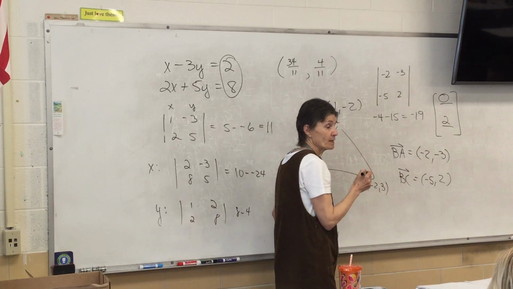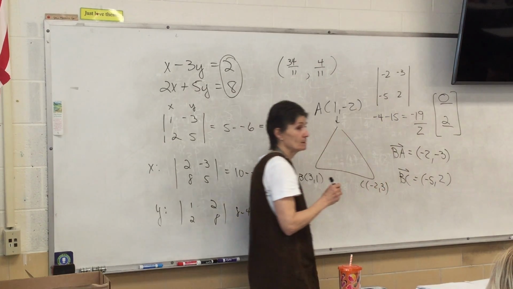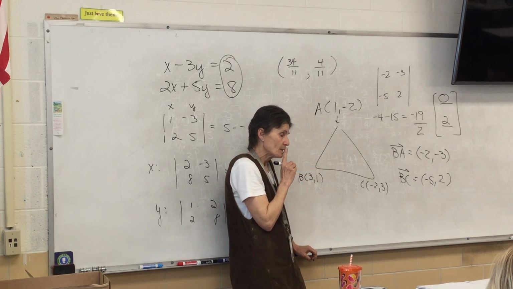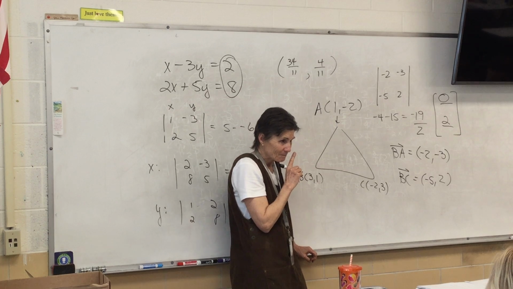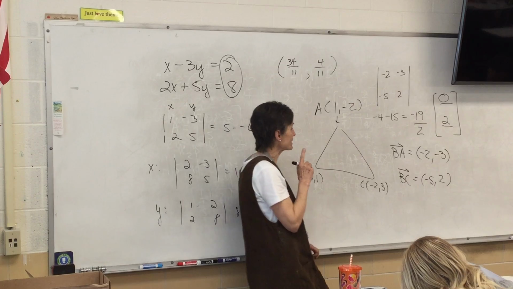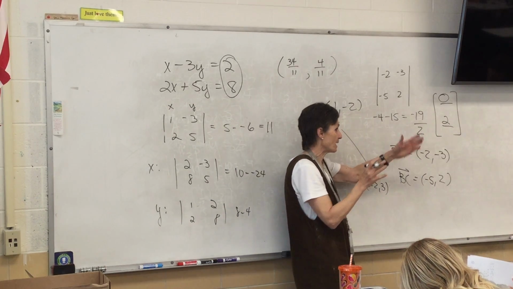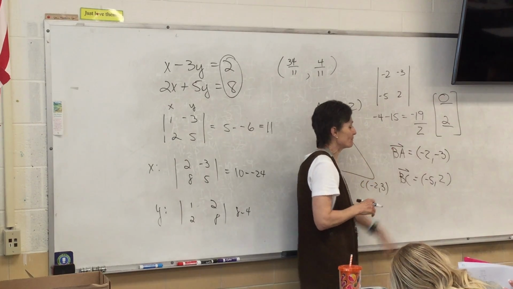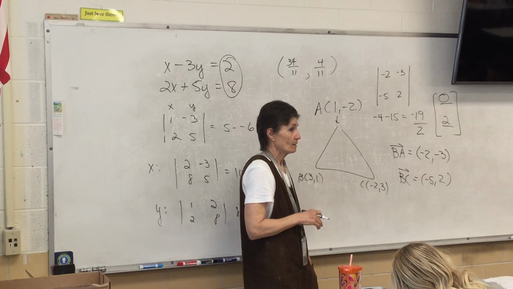Then I divide by 2, and some of you left the negative. Area can't be negative. Ignore the negative. Because if you set up your vectors in the other order, if you put this one on top, it'd come out positive. The negative doesn't matter. So the area of that is 19 halves, or 9.5 square units.